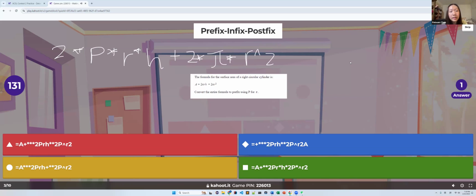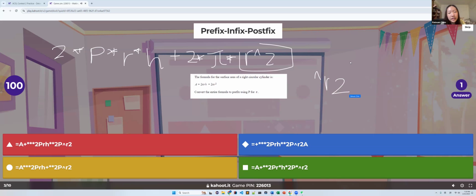So this time, instead of moving it to the back, we're going to move it to the front because we're converting into prefix. So this time we're going from back to front. We're going to evaluate in our conversion. So first we have r squared. Here we have an operator with two operands in the middle, so it'll turn into caret r 2.